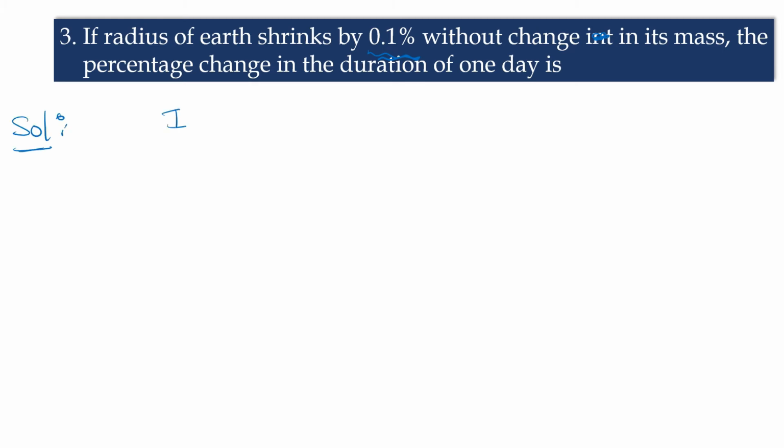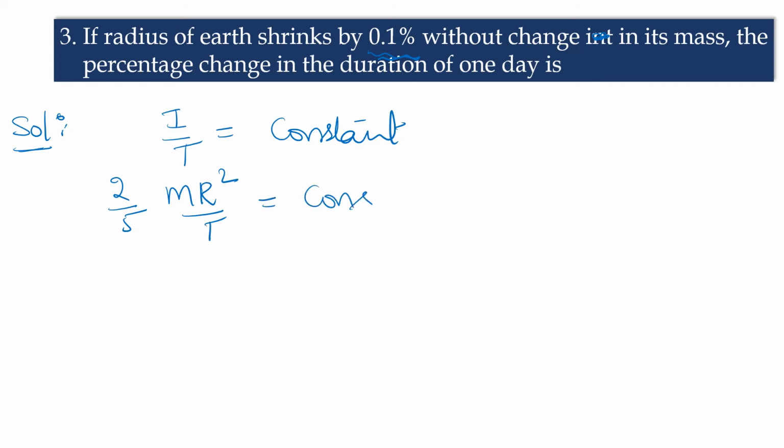I by T is equals to constant. So 2 by 5 m r square by T is equals to constant. Here T is directly proportional to r square.